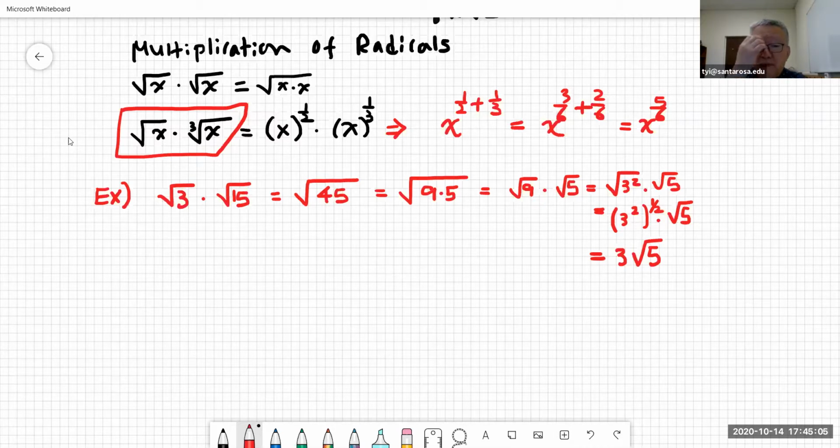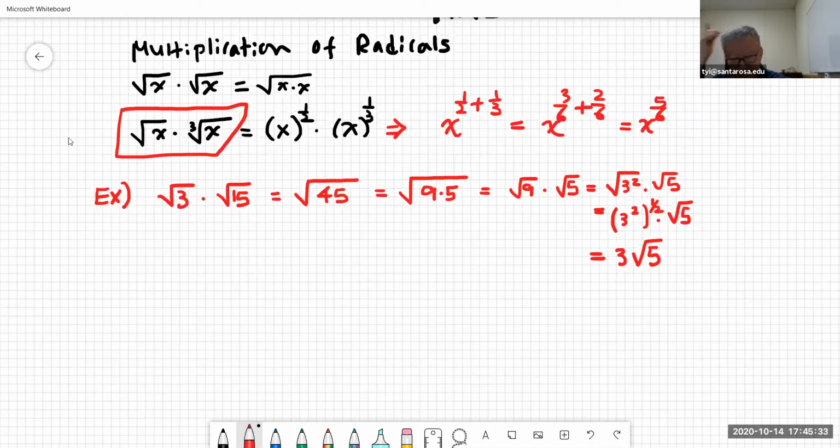If you have two radicals multiplying one another with the same index, you just multiply the values inside the radical. When you finish, make sure that you simplify and write it as simply as you can.